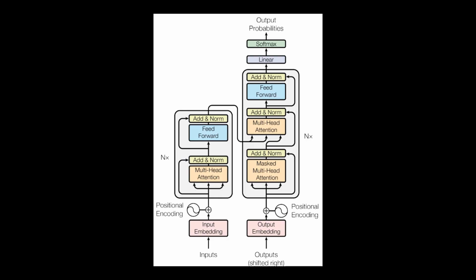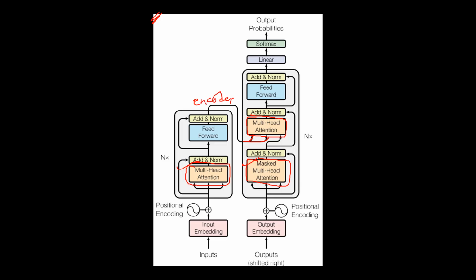Now if we look at the basic 2017 Attention is All You Need paper, this is the architecture they used back in 2017. Let's look at the different attention blocks here. First is the multi-headed attention. Then here is a masked multi-headed attention. And this is a cross attention block. So these two were self-attention blocks, and this is a cross attention block. If you notice here, the queries and the values are coming from the left side, the encoder block.